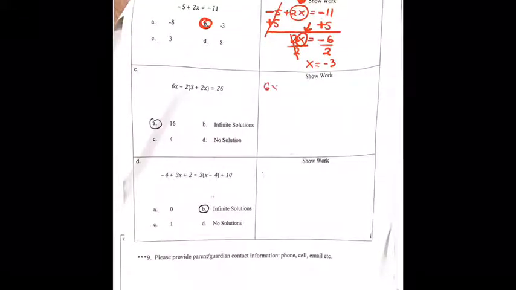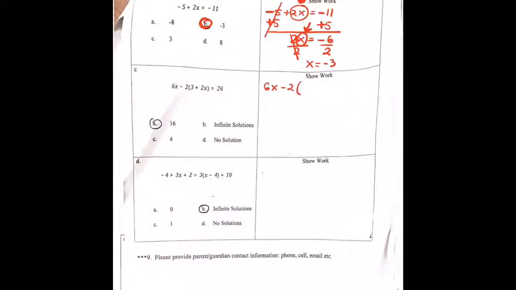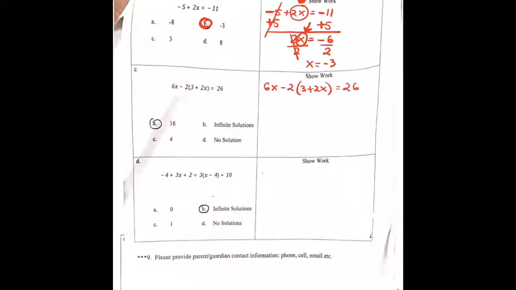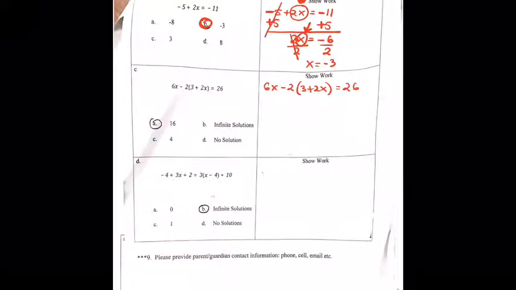For the next one, I have 6x minus 2 times (3 plus 2x) equals 26. Here, the first thing I need to do is get rid of parentheses. In order to get rid of the parentheses, I need to distribute the negative 2.